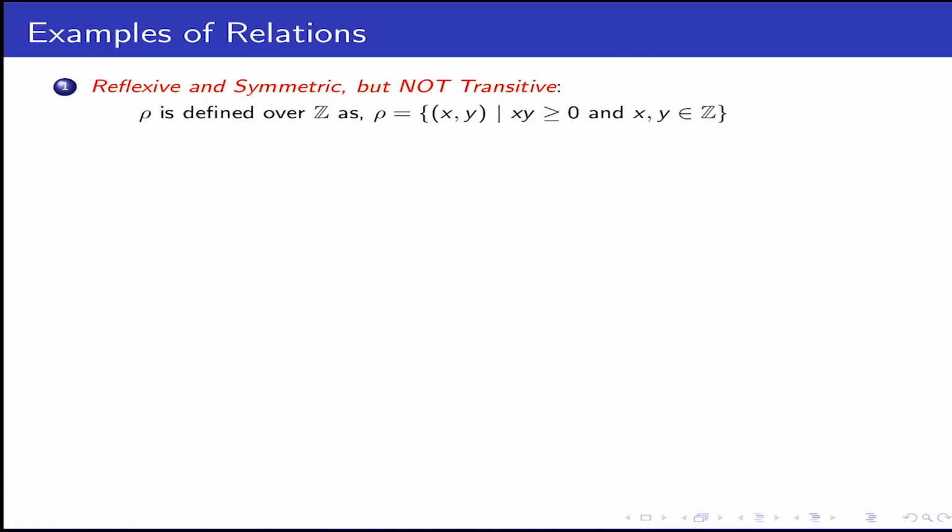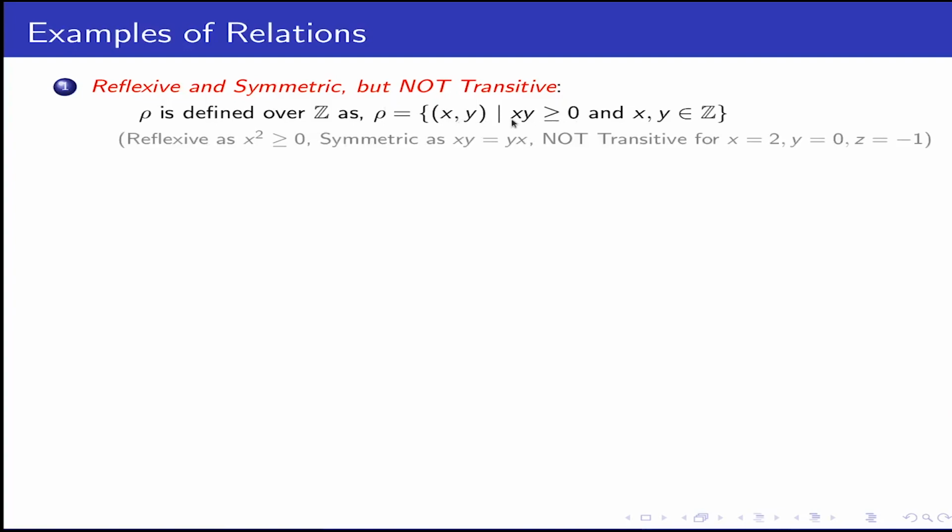Check out this relation over the set of integers, where I take a pair in the relation when the multiplication of that pair is greater than or equal to 0. It is reflexive since x into x, if I take the xx pair, so x square is always greater than or equal to 0, because even if x is negative, x square is positive.